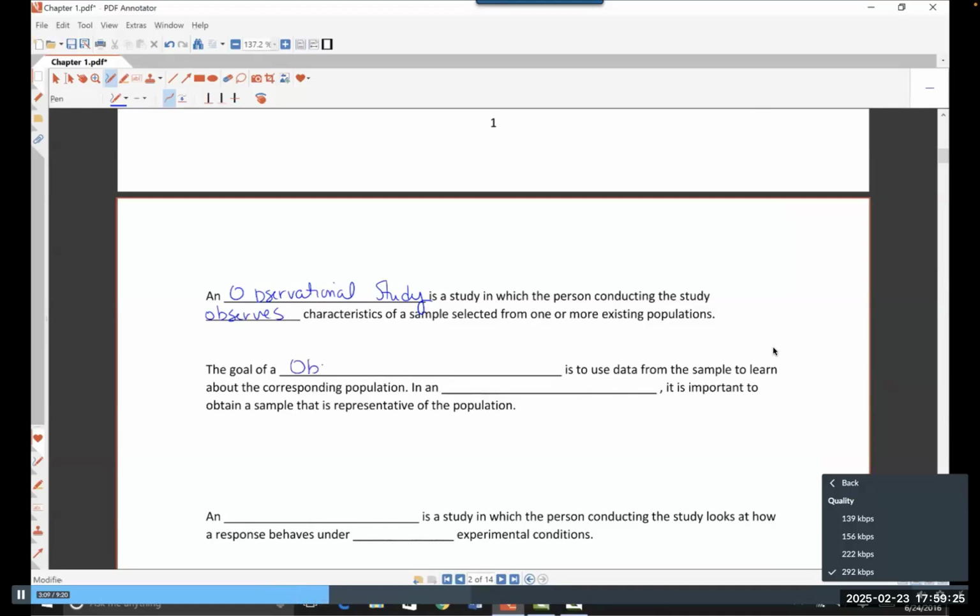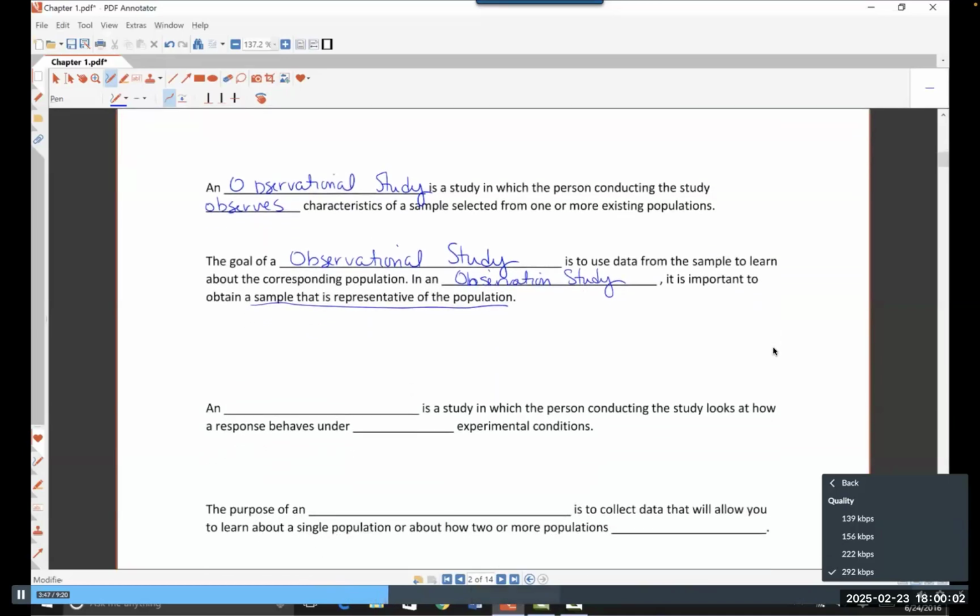The goal of an observational study is to use data from a sample to learn about the corresponding population. So what is important in an observational study? It is very, very important that that sample is representative of the population. So we're going to be talking about what makes a sample representative of a population.